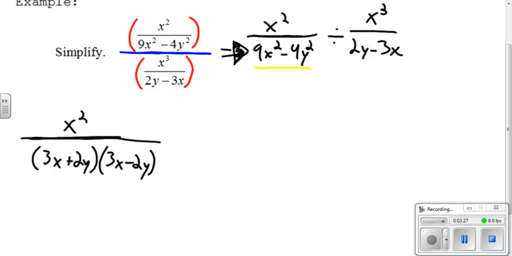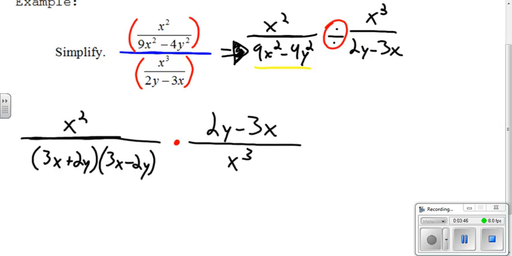Because it's a difference of squares, these are going to become our factors. Also, because this is a division problem, we're going to change it to multiply by the reciprocal. So we'll flip those around. It's 2y minus 3x on top and x cubed on bottom.